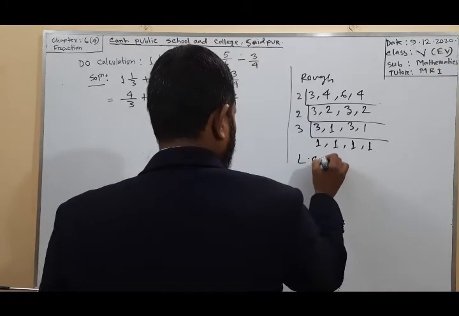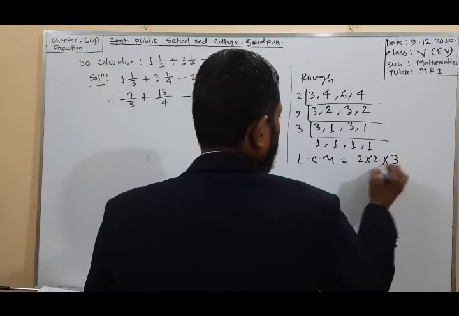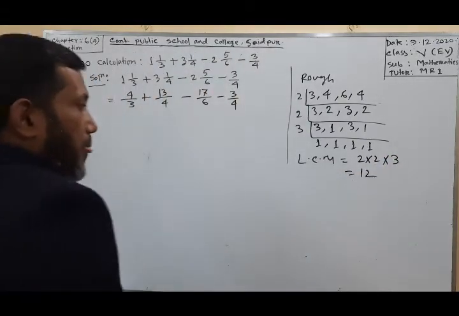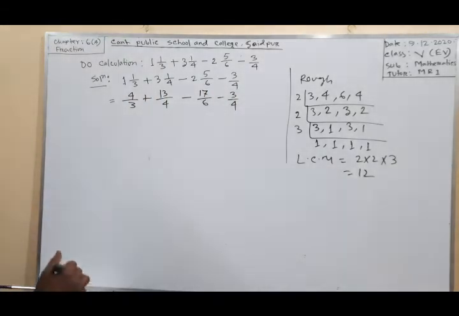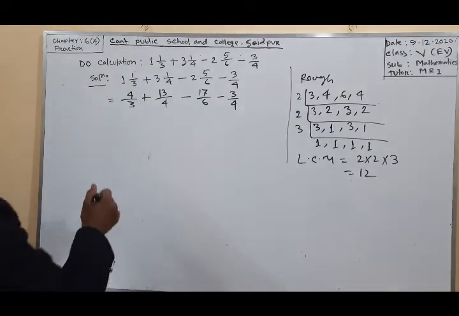So LCM will be 2 times 2 times 3, which is 12. We got the LCM of these four denominators: it is 12.